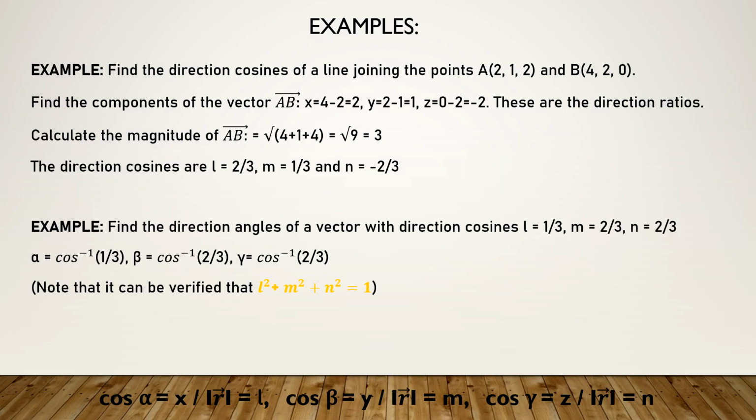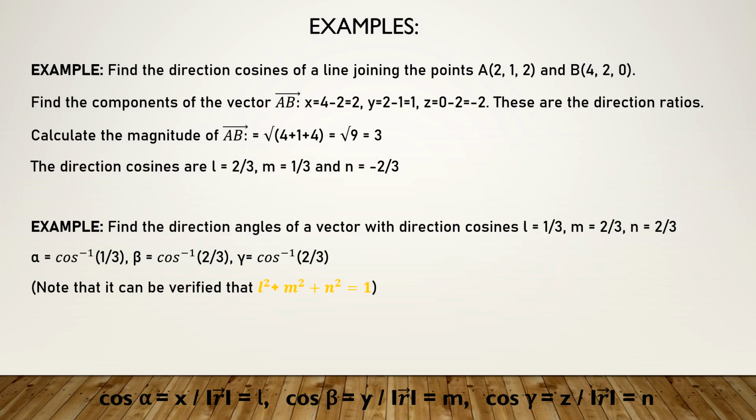So let us take some examples to understand this. First simple example: find the direction cosines of a line joining the points A(2, 1, 2) and B(4, 2, 0). Now if you want the components for the vector AB, remember B is your endpoint, A is your starting point. Since A is with respect to origin, B is also with respect to origin.